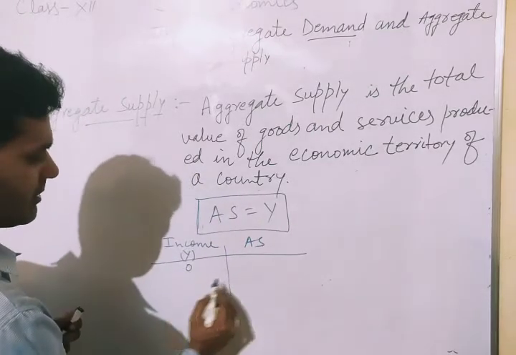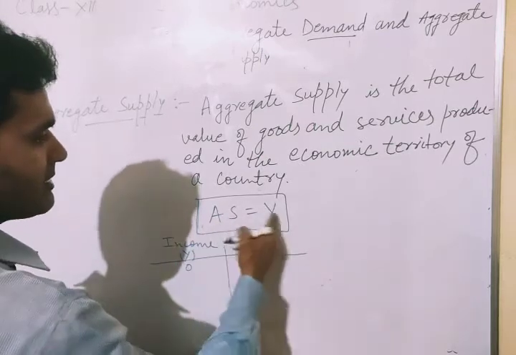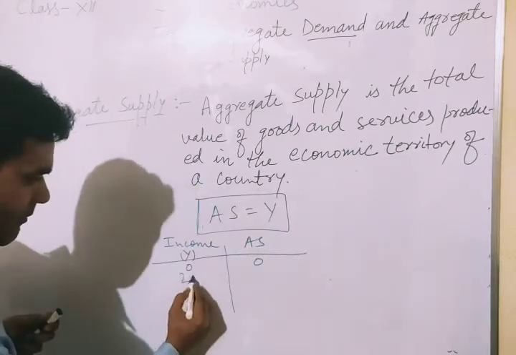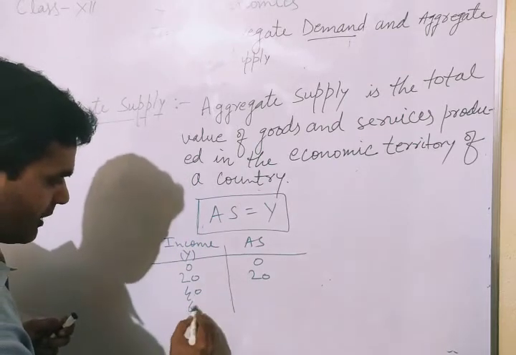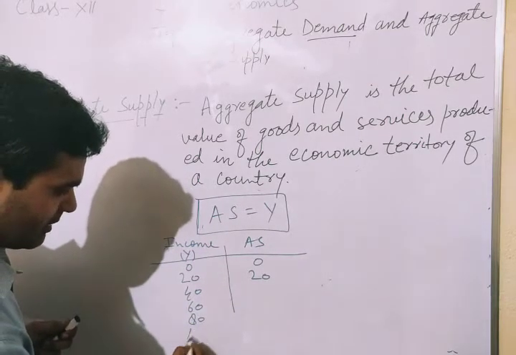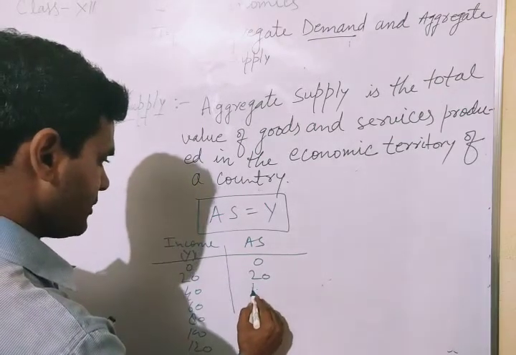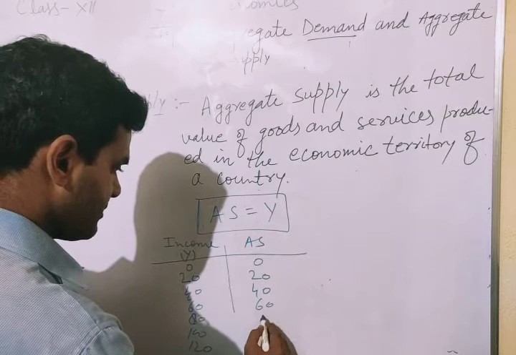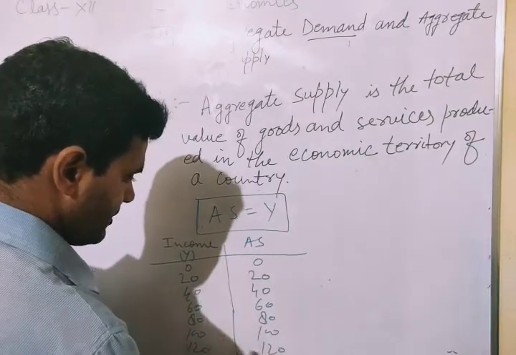When income is 0, AS is 0, as we have discussed, AS is equal to Y. When income is 20, AS is 20. Income 40, 60, 80, 100, 120. Income keeps on increasing, and AS increases with it.